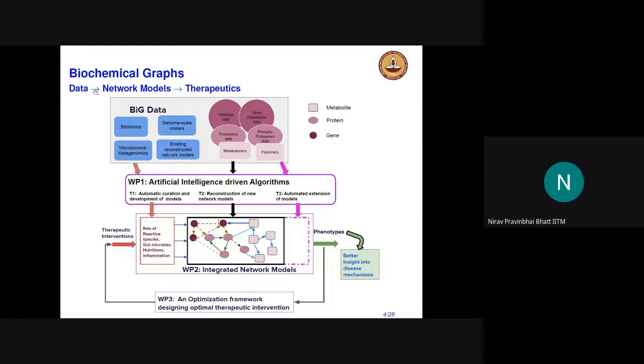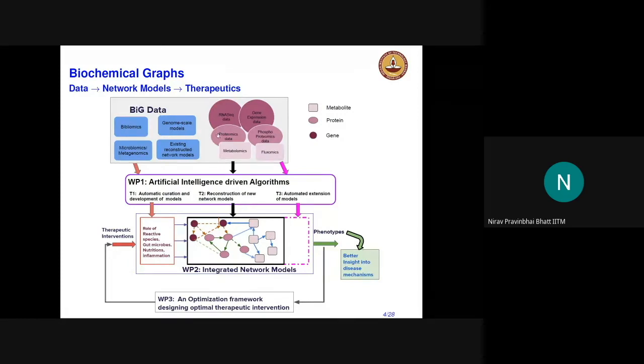So when we start with the data, data can be anything. As I told you, it can be literature data, omics data, existing reconstructed networks available to us, or molecules. Using this data, our objective at the end of the day is to build network models which allow us to do therapeutic intervention in an optimal manner, because many of these networks are needed for getting a physically interpretable therapeutic intervention.